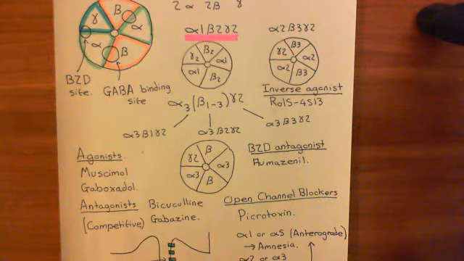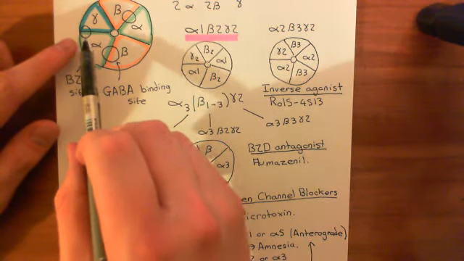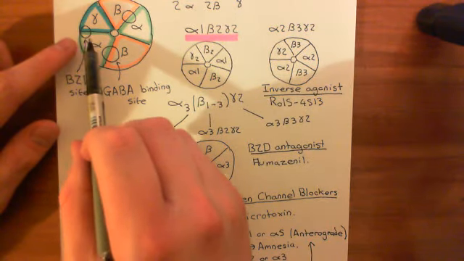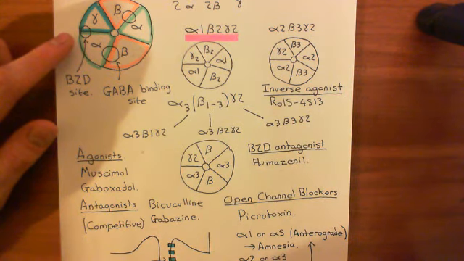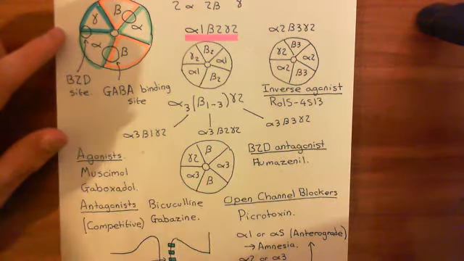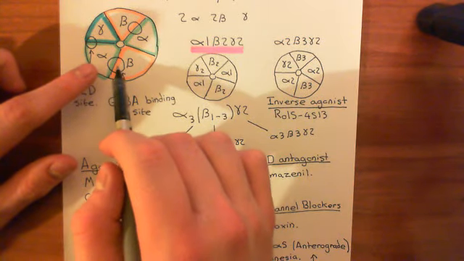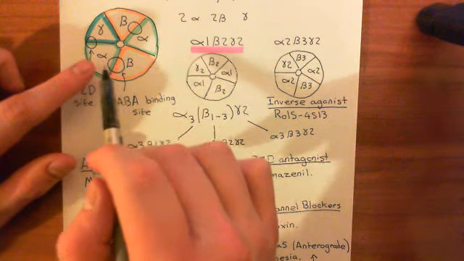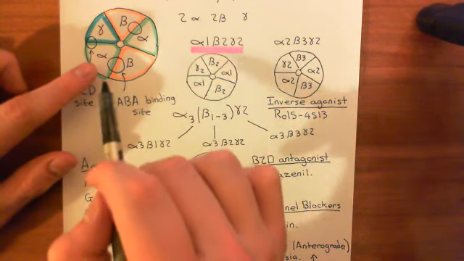Okay, but what this drug does is it binds to the benzodiazepine site, and unlike flumazenil, which just bound there and did nothing and just stopped the benzodiazepine binding, Ro 15-4513 is going to do the exact opposite. It is going to cause a conformational change in the GABA-A receptor, and it's going to change the conformation of the GABA binding site here, such that the affinity of GABA to bind there is actually reduced.